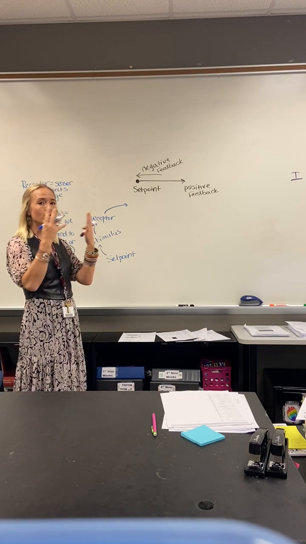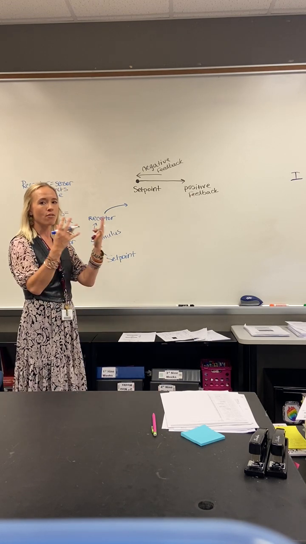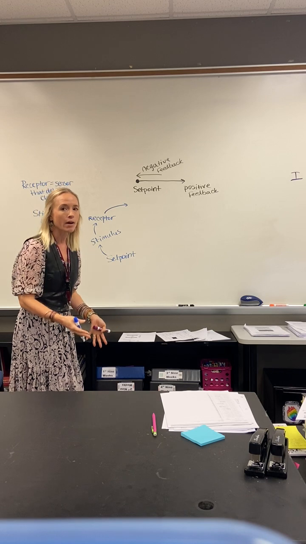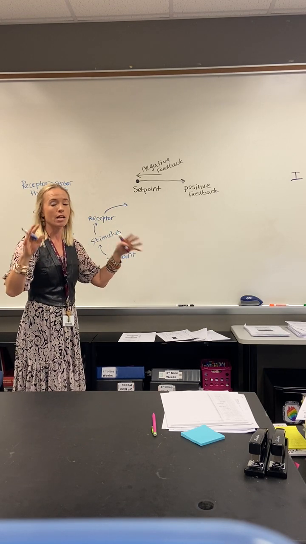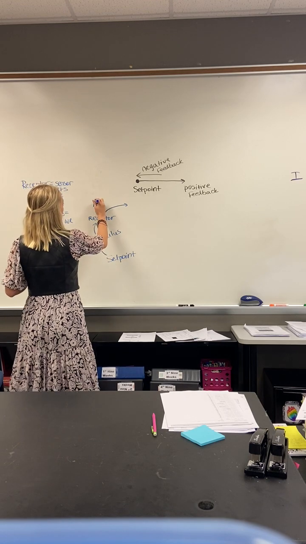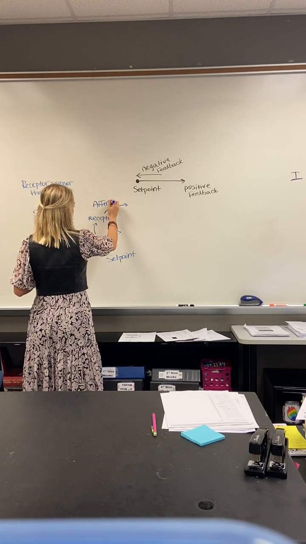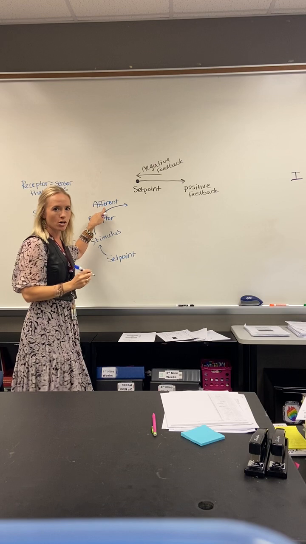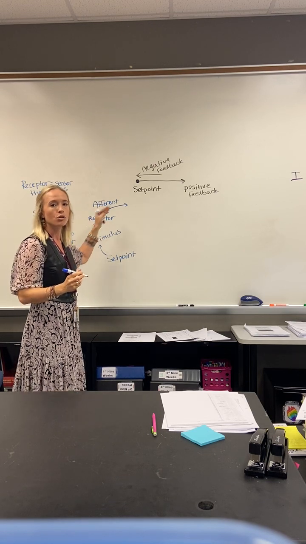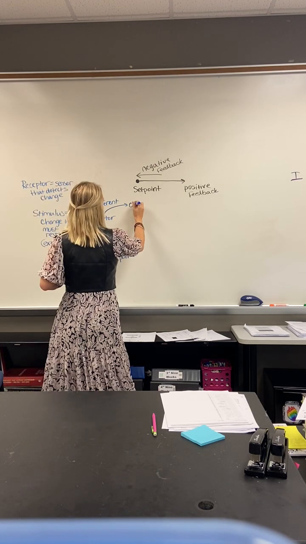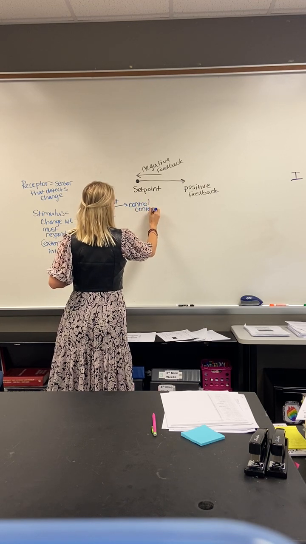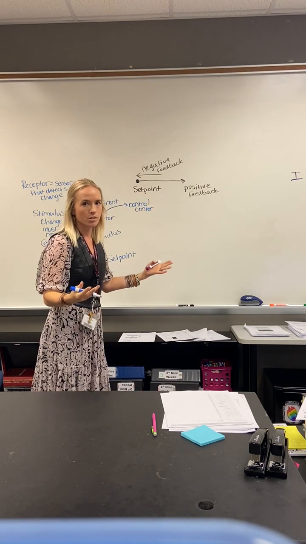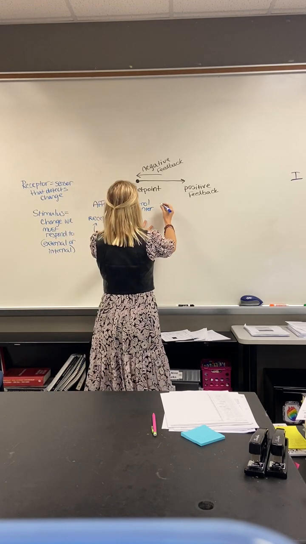If we're going to the control center, we're going afferently, and it's going to alert the control center that something has changed and we need to respond to it. That's afferent. That's usually going to be a nerve running to the control center. Your control center can be your brain. There's a couple situations where it's not the brain.